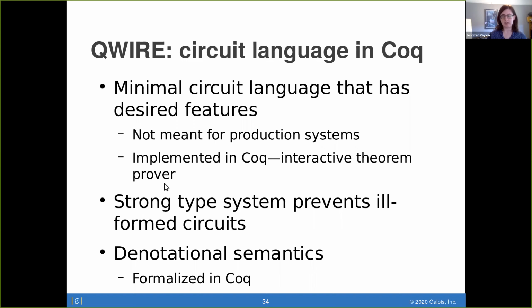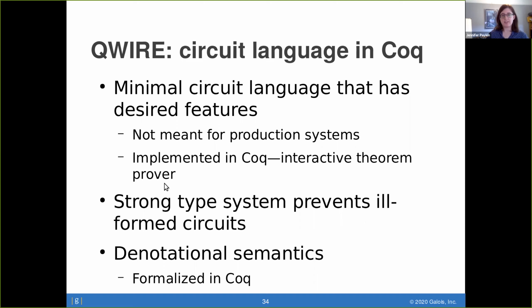Coq is an academic language, and so the interactivity of Coq, the way that you have to prove the theorems incrementally, is not well suited for people developing each new program. They might not want to have to learn how to use QWIRE in order to prove properties about it. There are some other more automatic proof techniques, which I think are really interesting. And there's a lot of future work to be done there.